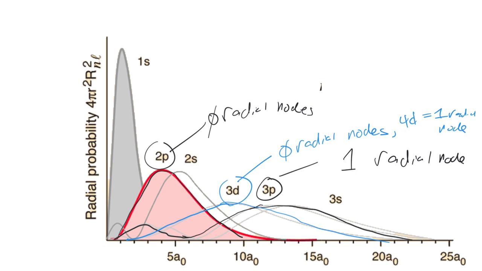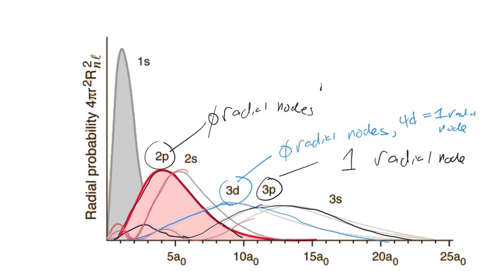Not shown here is a 4d, but a 4d would have 1 of those radial nodes. Of course, d subshells are still characterized by that L of 2, having 2 nodes through the center of the atom, so 2 of those axial or planar nodes. You can pick up the same thing that we were seeing within the s: the 2s has 1 node, and the 3s, hard to picture, has 2 nodes here.